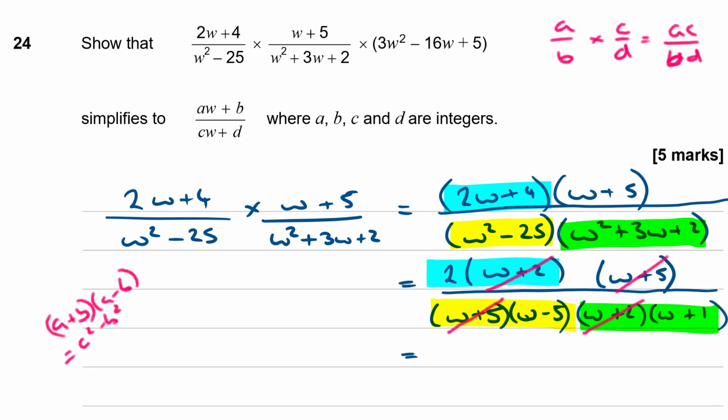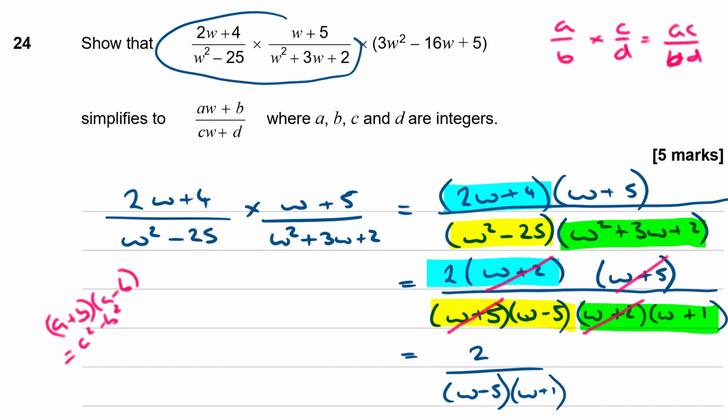That leaves me with 2 over (w − 5)(w + 1). Okay? So what we've done so far is multiply these two things together. Now we still need to multiply that expression with this other bit on the end, so that's what we're going to do next.